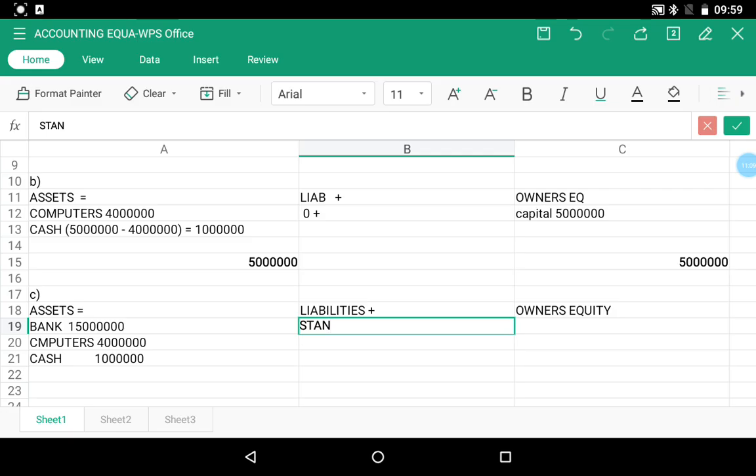But remember, every bank loan is a current liability. So here we have Stanbic Bank loan worth 15 million.